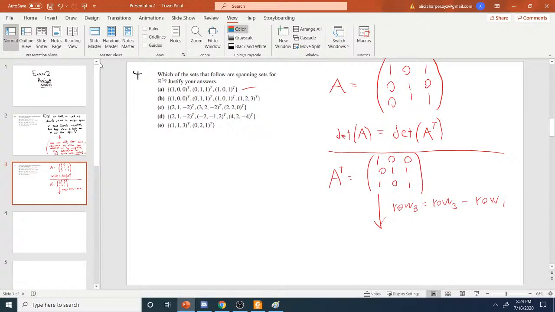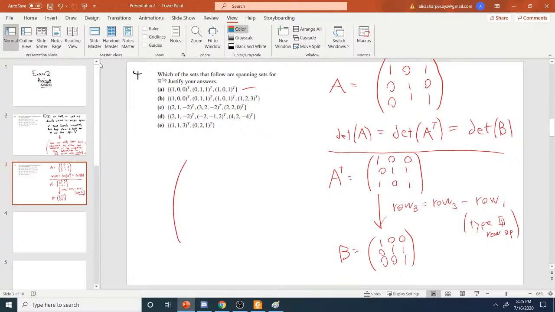If I do that, this is going to become the matrix with 1, 1, 1 on top, then 0, 0, 0, 0, 0, 1. We'll call this matrix B. This is a type 3 row operation, so it preserves the determinant. Thus, the determinant of A transpose is equal to the determinant of B.